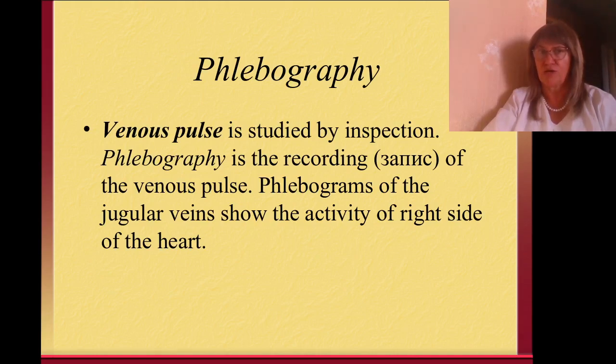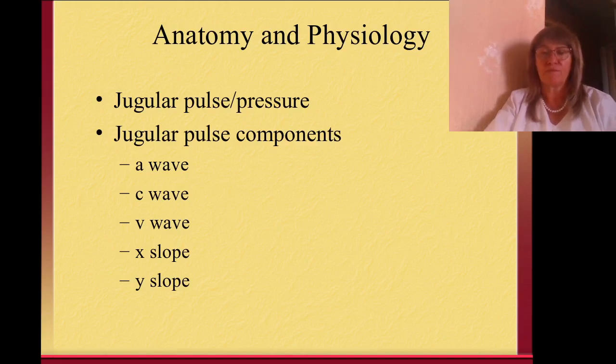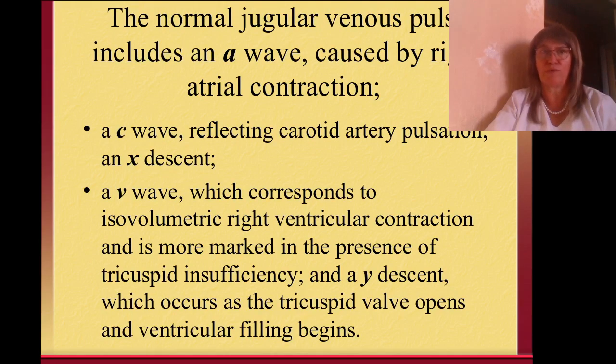Phlebograms of the jugular veins show the activity of the right side of the heart. Anatomy and physiology. Jugular pulse components: A wave, C wave, V wave, X slope, Y slope.